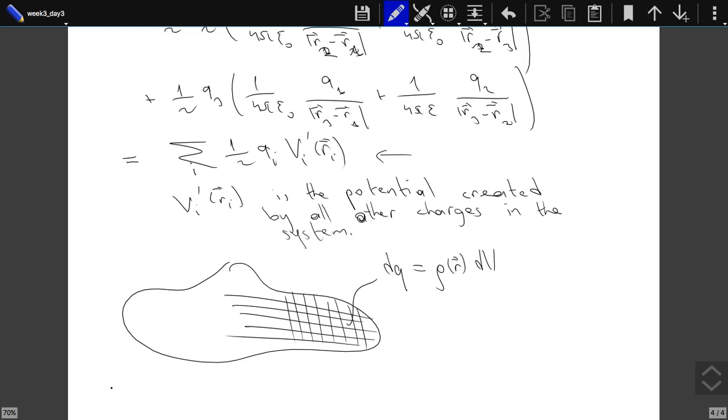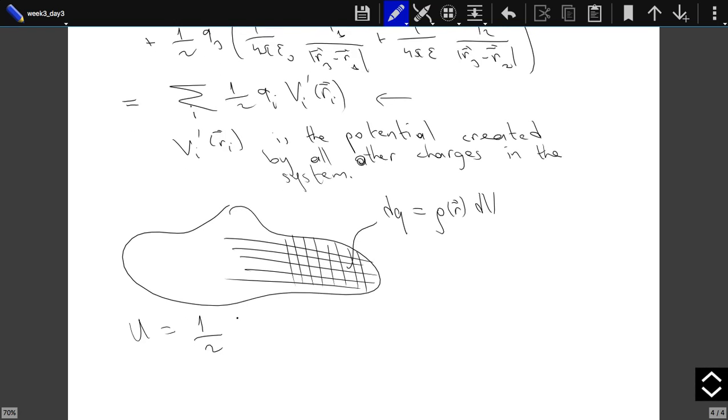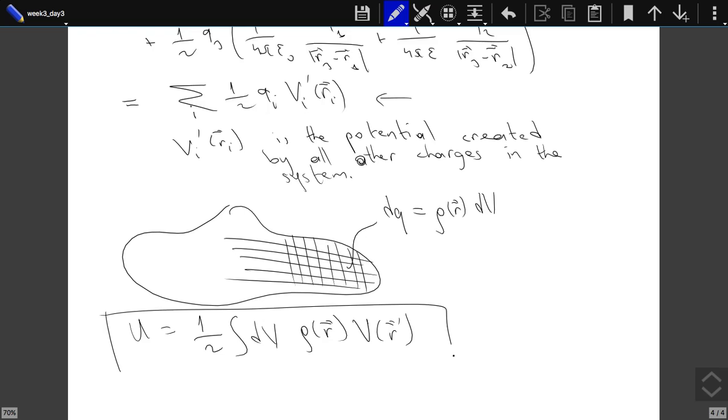So the energy stored in a given charge distribution, we can also write in this form: integral dV rho of r prime, V at r prime. Now, V at r prime is created by this charge distribution.